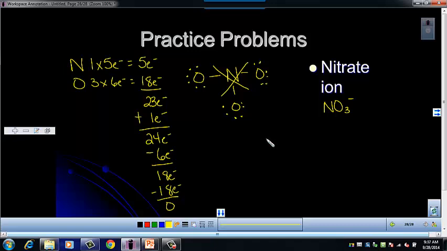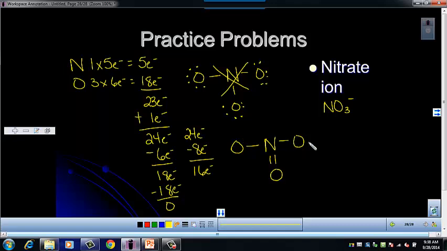So let's start here again. Remember that we like symmetry in nature, so I'm going to put that double bond on the central oxygen there. So we're starting with 24 electrons again. We don't need to show that top part. And we've now used 8 in the bond. We've got 4 bonds total, and that leaves us with 16 electrons.